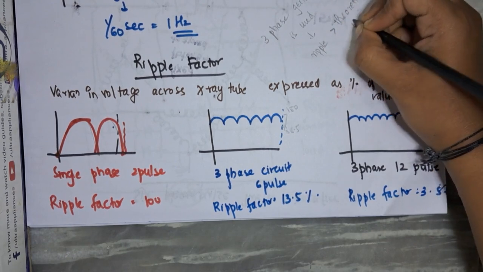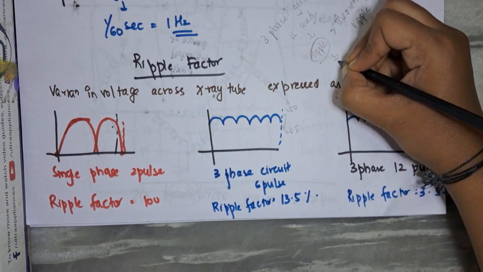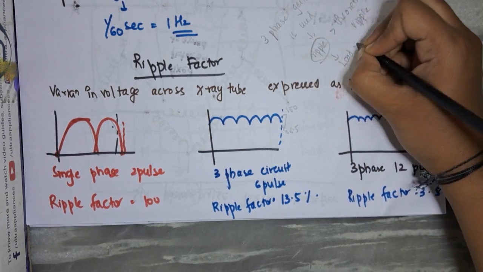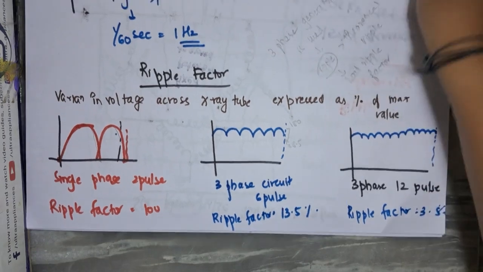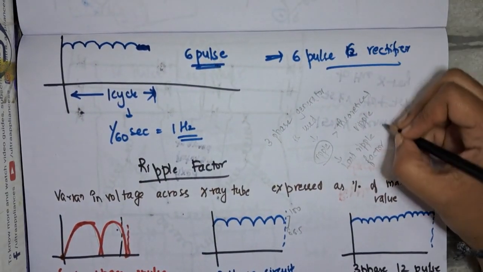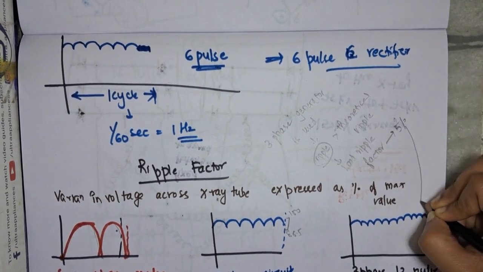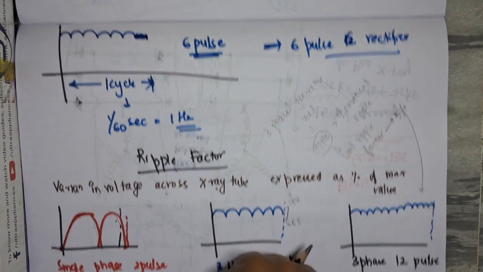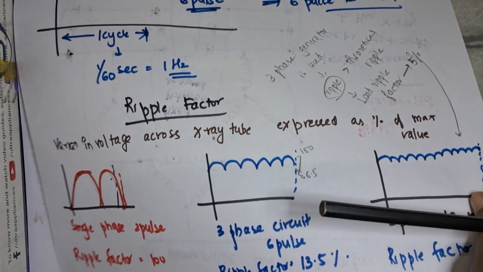This ripple factor when a 3-phase generator is used is called the load ripple factor. This load ripple factor is the actual ripple factor, and it will be more than the theoretical ripple factor, and it is around 5% for a 12 pulse rectifier.